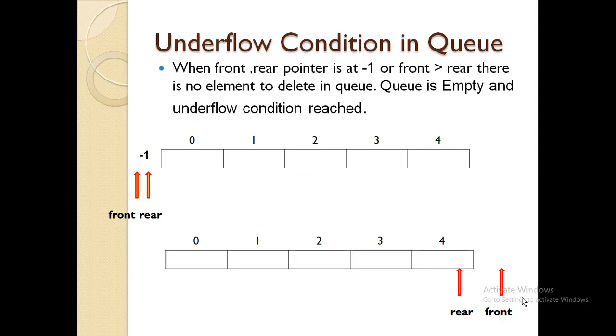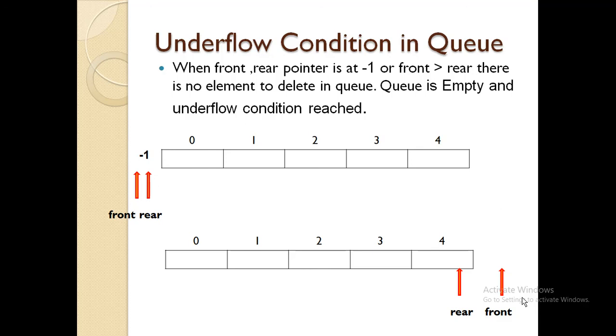Similarly, we have two different conditions for checking underflow. Underflow is when there are no elements in the queue, the queue is empty. When the front and rear pointers are at -1, that means initially there are no elements in the queue, both pointers are at -1, so the queue is empty. And we can check one more condition: when front is greater than rear.